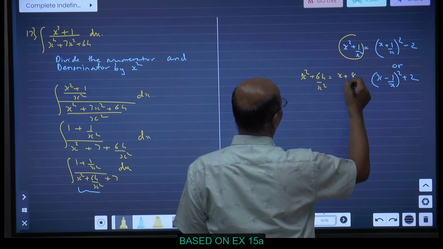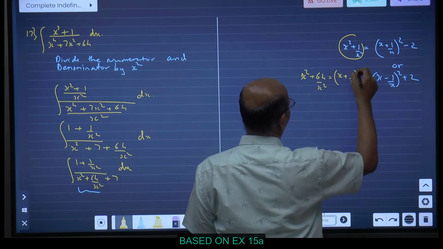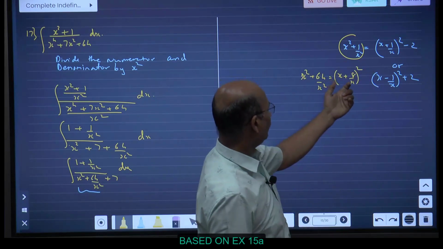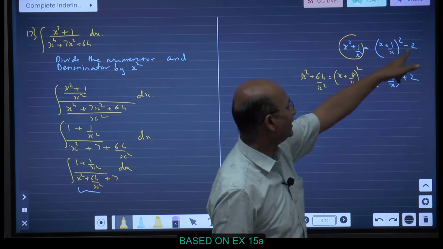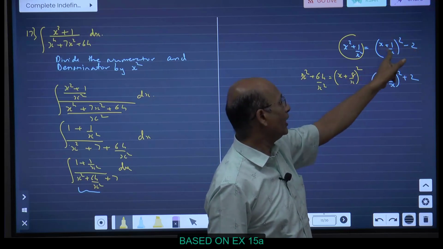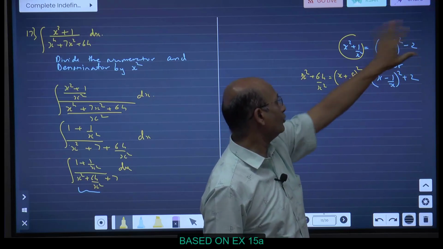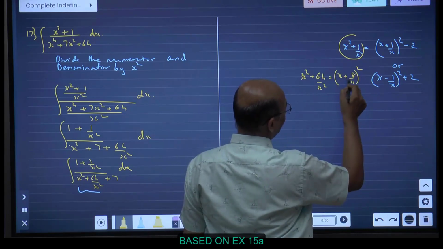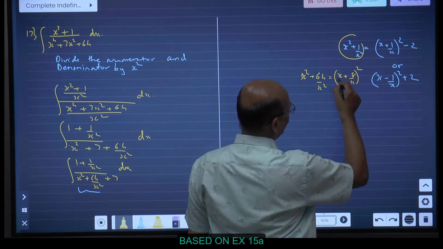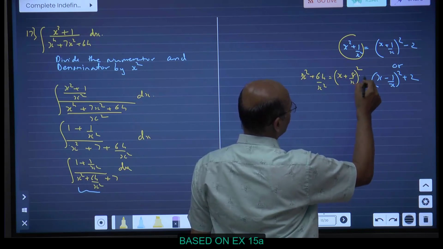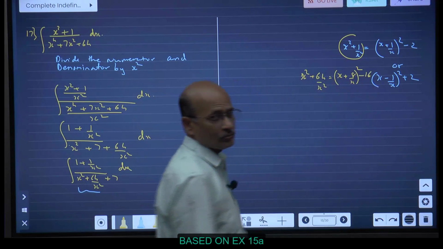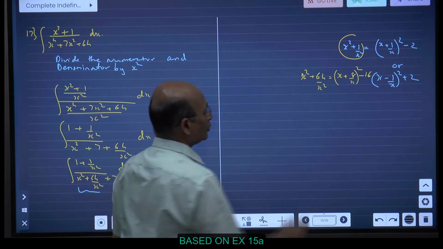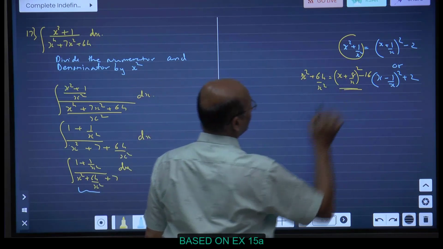Now, if I want this pattern, why did I do minus 2 here? Because of 2ab. 2 eights are 16. If I have a square plus 64 upon x square plus 2 into a into b, that is plus 16, so I will do minus 16 now. So this is the working of this.